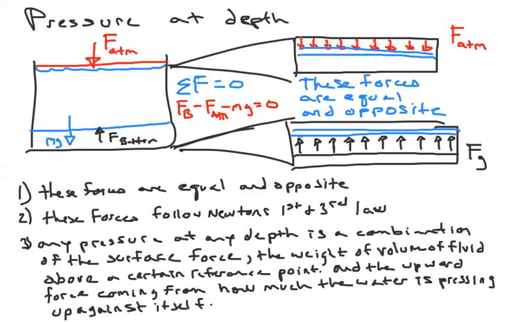These are going to balance. Essentially, the force from the bottom is going to be equal to the force from the atmosphere on top, plus the weight of fluid that's pressing down on the bottom. That's what that equation is telling us, okay?